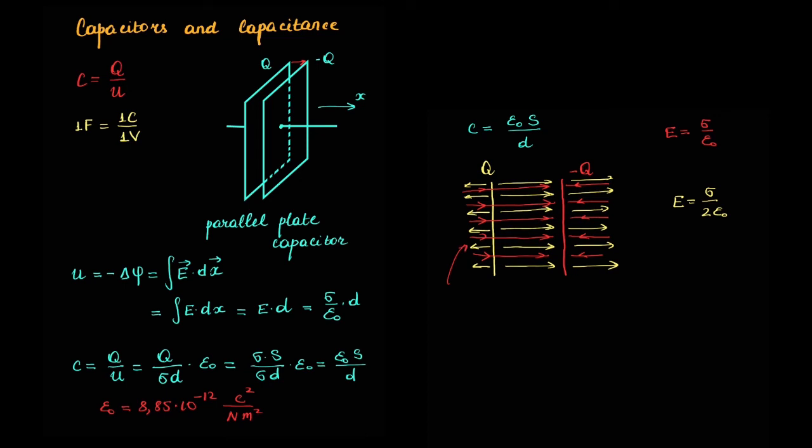Outside of the capacitor, the electric field lines of the different plates are opposite, but the magnitudes of these fields are equal to each other.